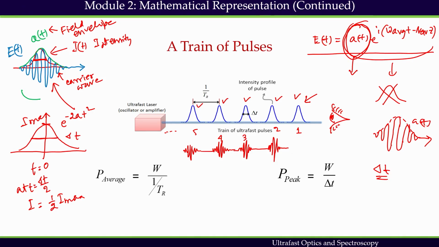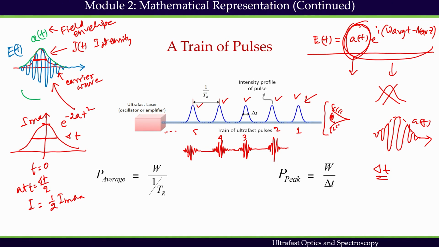We have already seen that each pulse is characterized by its temporal width delta t, that is the full width half max of the intensity profile. In a train of pulses, the repetition rate, how often these pulses are repeating for an observer sitting here, decides the separation between two nearest neighbor pulses.